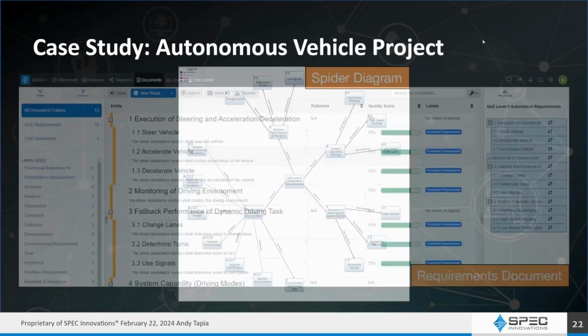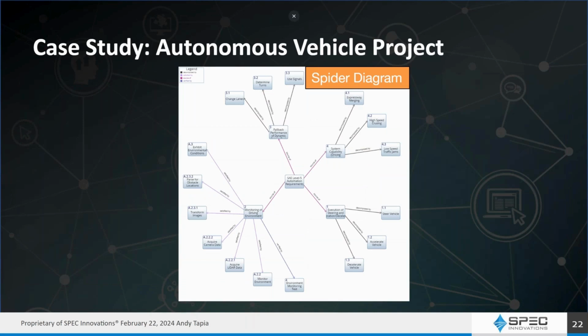Here we have another diagram view, the spider diagram, and that allows us to see all the relationships between a central entity and others. And I think it goes up to 3 levels, as far as I believe. It'll show you all the relationship types, including but not limited to decomposition, sourced by, satisfied by, verified by, and lots more.